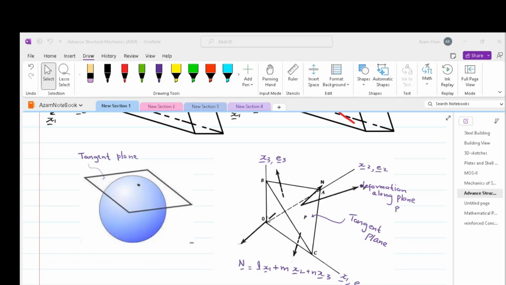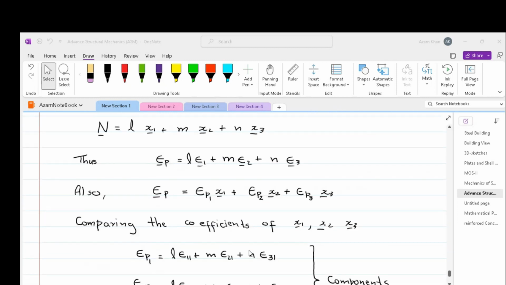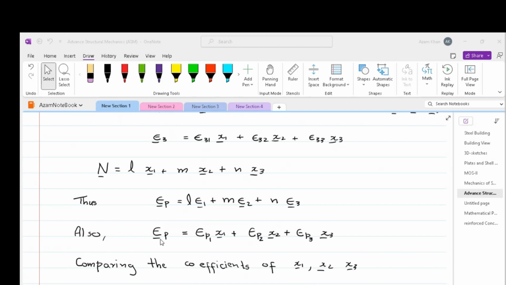The same argument can be applied for the faces OBC and OAC. Therefore, strain P can be equated to the strains corresponding to the faces OBC, OBA, and OAC in the form shown over here. Strain P can also be decomposed into three components as strain P1, strain P2, and strain P3 in x1, x2, and x3 directions.